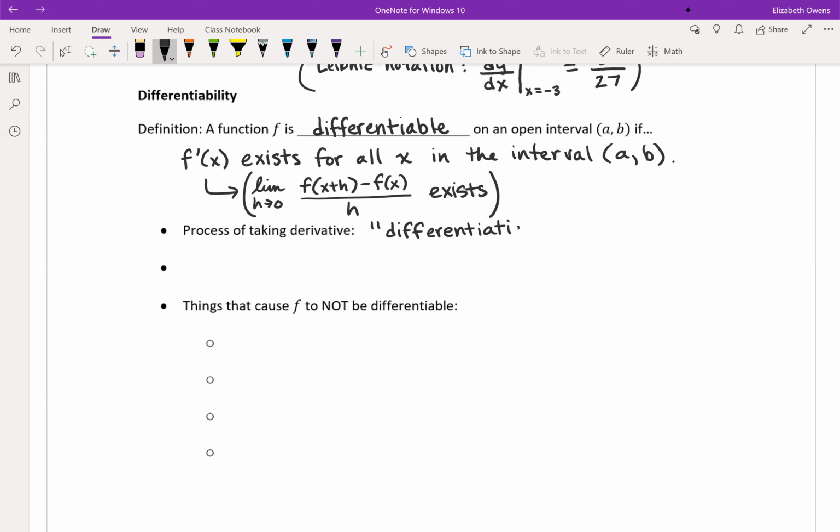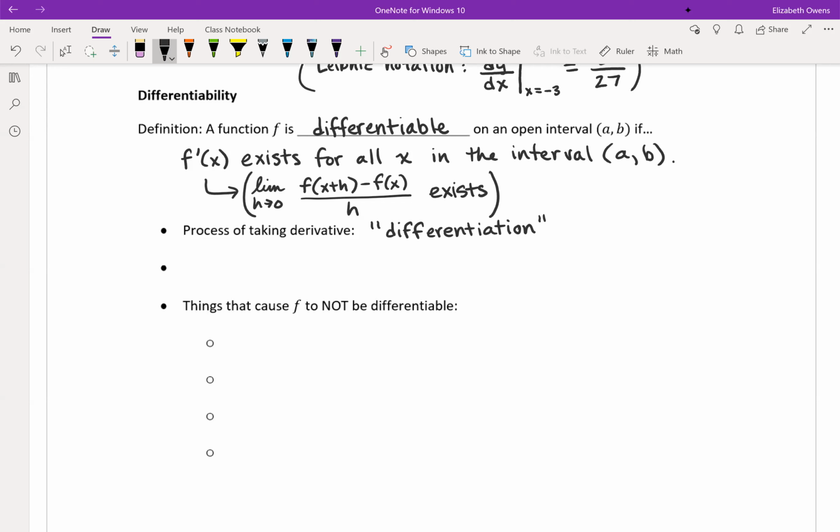This is a little foreshadowing for you, that relates to something in section 3.9 called the differential, which is a big part of derivatives. So derivatives, differentiation, differentiable, differentiability, they all go together.